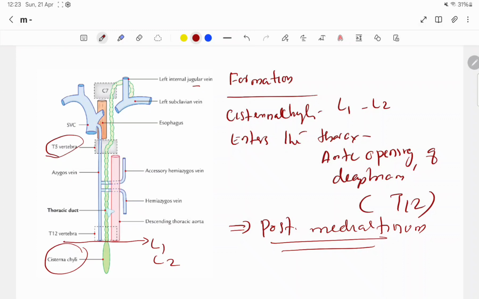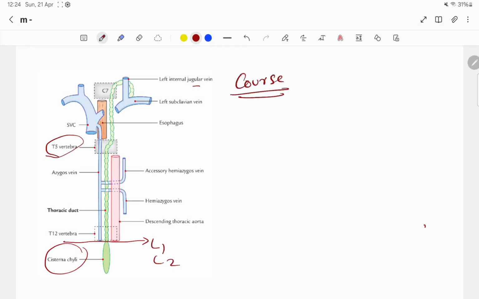the thoracic duct goes to the left side. So the next point is at the level of T5 this structure shifts to the left side, and enters the superior mediastinum. Remember, superior mediastinum.